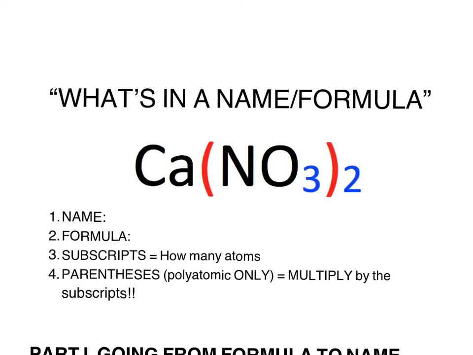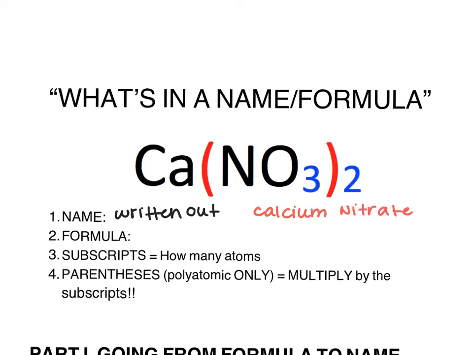Now we're going to go into what's in the name or the formula. So the name is something that's always going to be written out. For example, up above what I have is calcium nitrate.